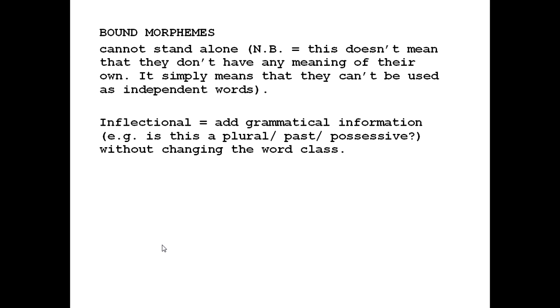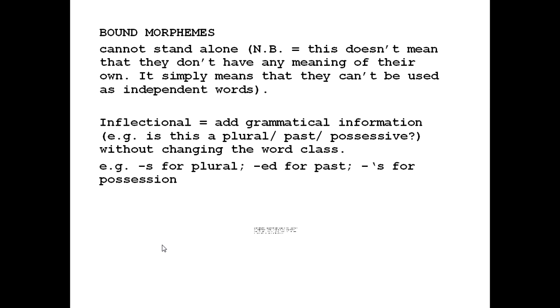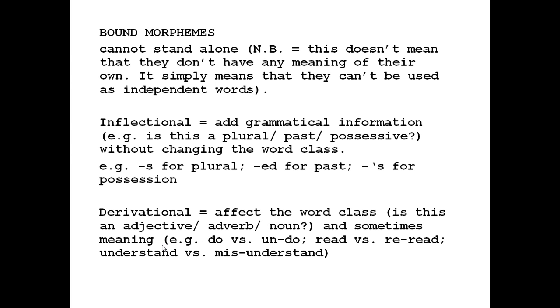So, as I said, ish and ness, you remember, in childishness, gave us information about the part of speech. So they were derivational bound morphemes, morphemes that affect the word class.